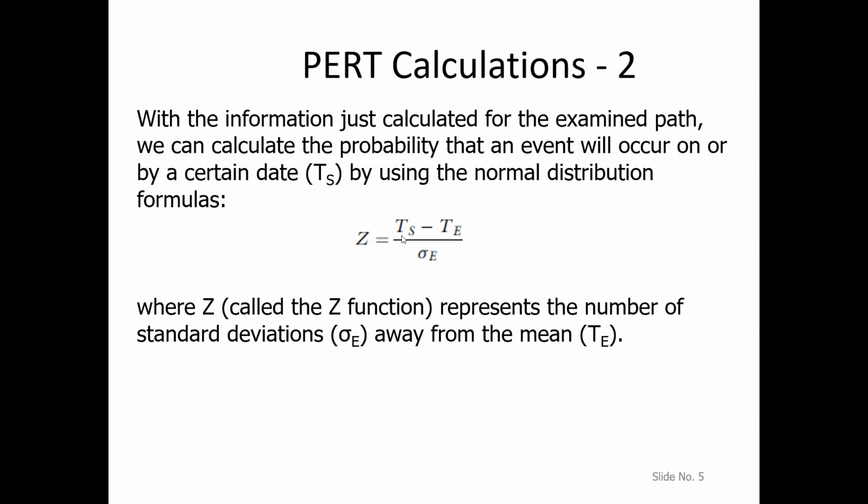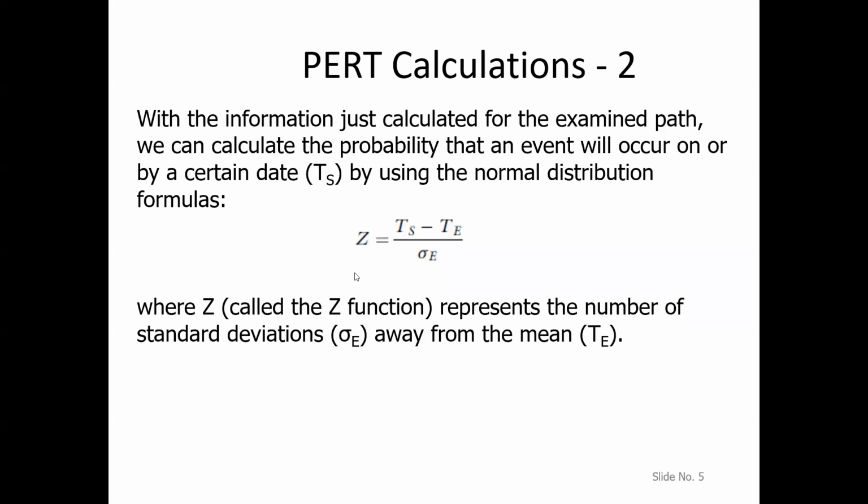For this normal distribution formula, we will calculate the value of Z. The value of Z will be simply the ratio of this time difference with the standard deviation of the path. That means the higher the value of Z, the further away we are from the expected duration.